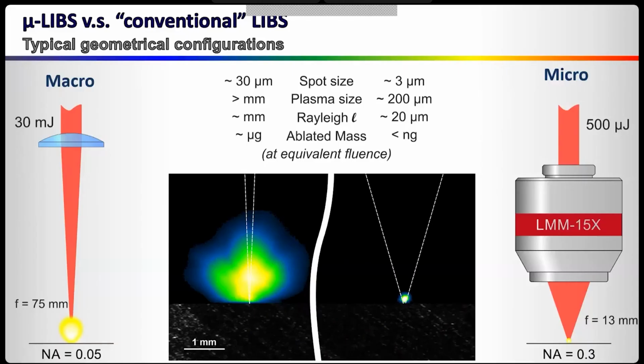Some specificities. In general, when you hear about LIBS, most of the colleagues in the world are using big lasers with tens, hundreds of millijoule, focusing very big energy, and you have, let's say, an almost centimeter scale plasma. That's the left side. And what we are doing here with micro-LIBS, basically we are using a high numerical aperture objective.